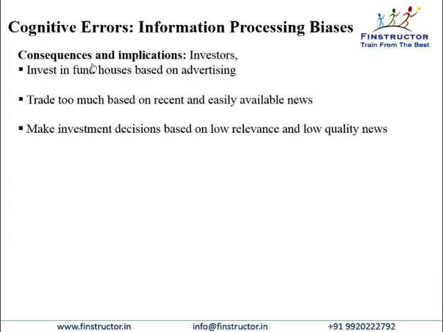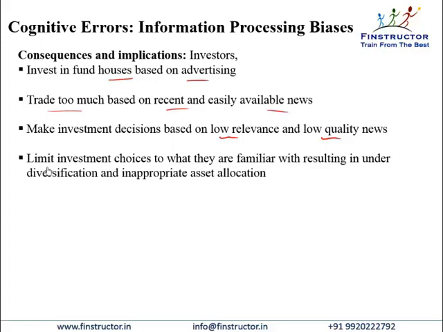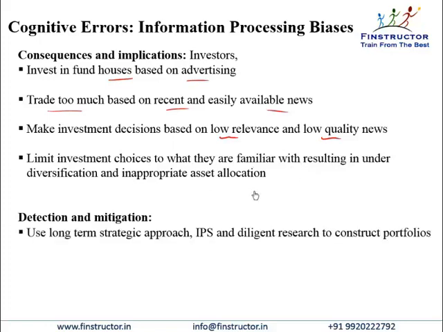So investors suffering from availability tend to invest in fund houses based on advertising. They can even trade too much based on recent and easily available news, make decisions on low relevance and low quality news without doing a deeper analysis, and limit investment choices to what they are familiar with. This is what we studied in the narrow range of experience, which will lead to under diversification and inappropriate asset allocation.